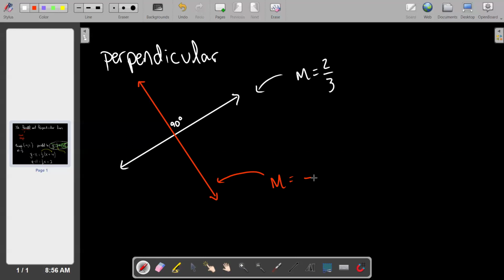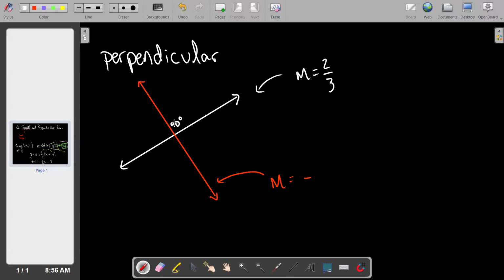Common sense there. Thoughts? First off, can we all agree that the red line has to be steeper than the white line? I hope you agree with that statement. Yes, it has to be. To perpendicularize it, it's got to be. What do you think its ratio is?